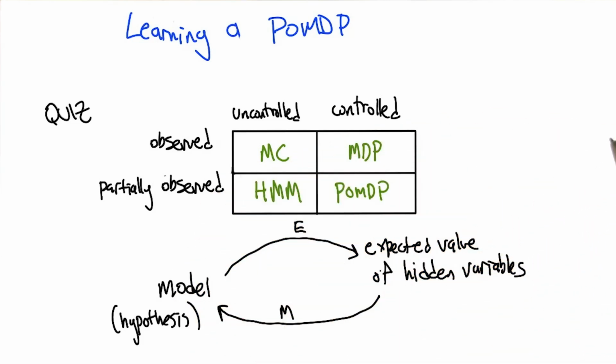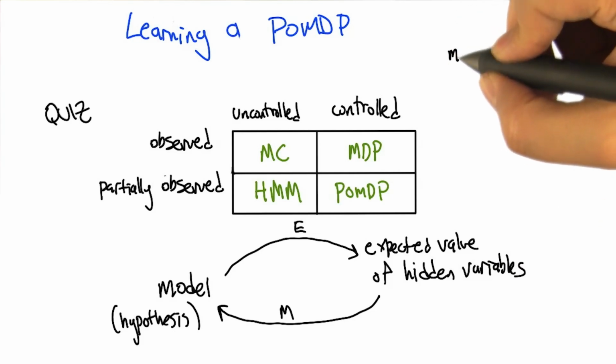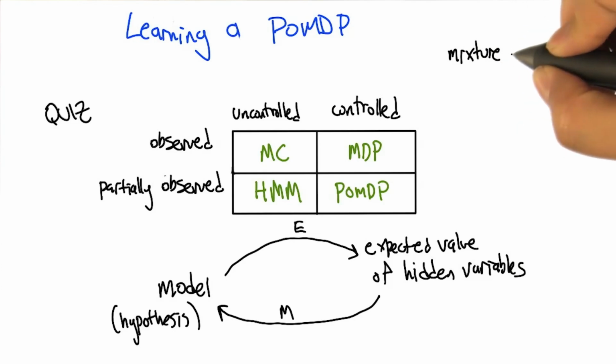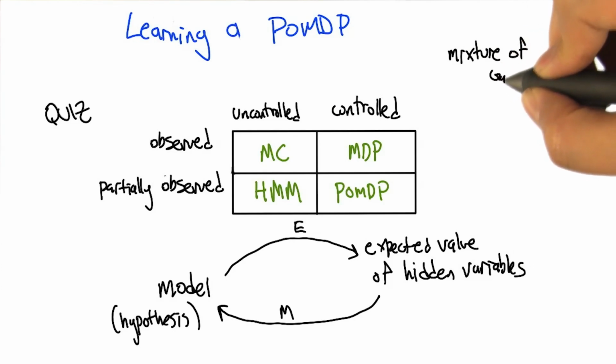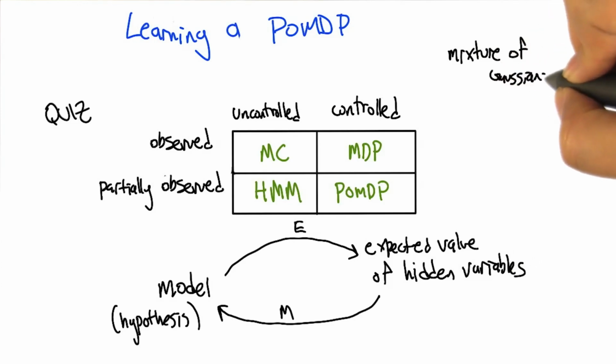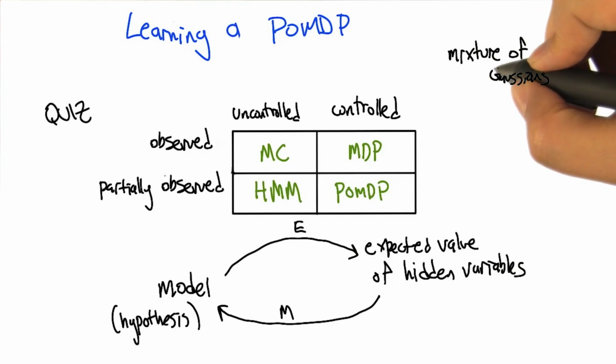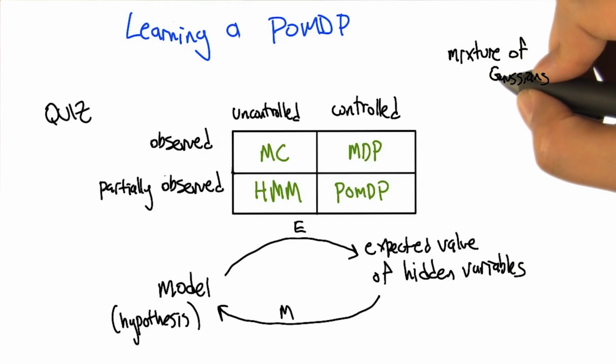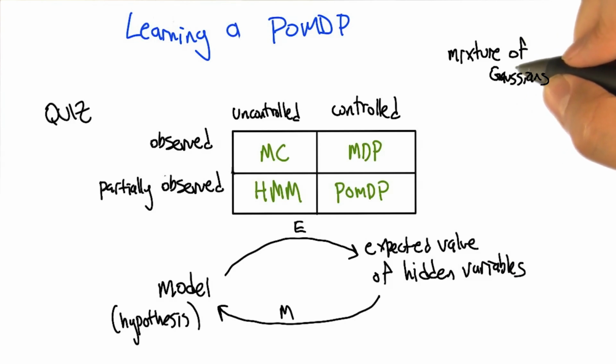Right, and so my recollection from the last class is that we did this with Gaussians. So we had a bunch of Gaussians and a bunch of data, and we didn't know which of the Gaussians each data point came from. So we started out with a model of the Gaussians, which was their means. That was our model. And then given the model, that is the means of the Gaussians, we figured out the probability of each point belonging to each of those Gaussians, and that was the hidden variable.